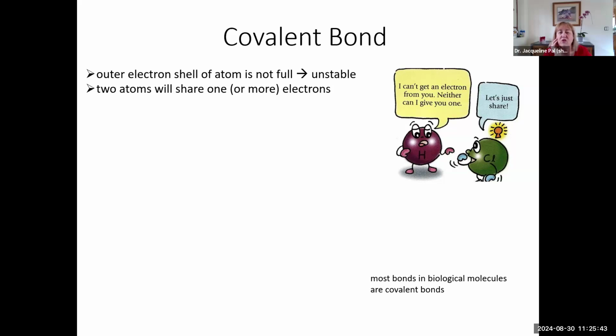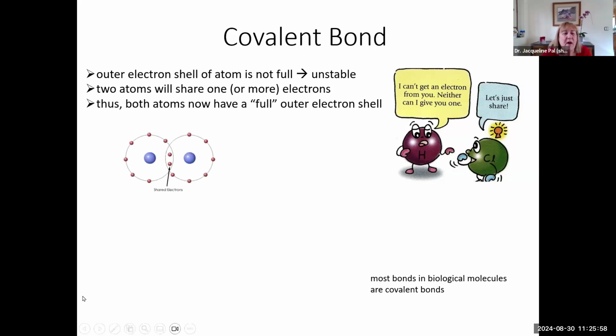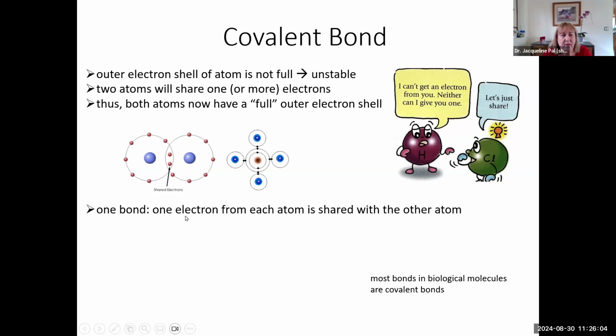They've decided they're going to share one or more electrons. And in fact, most bonds in biological molecules are going to be covalent bonds. They're not as strong as ionic bonds, but they're much more common, okay? And by doing this sharing, both atoms will now have a full outer electron shell, okay?